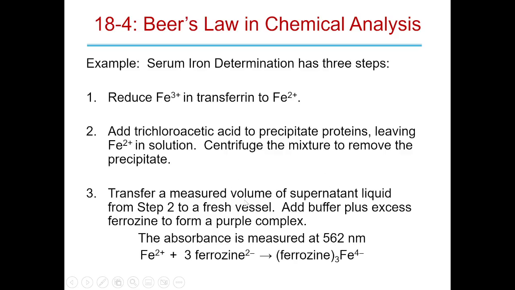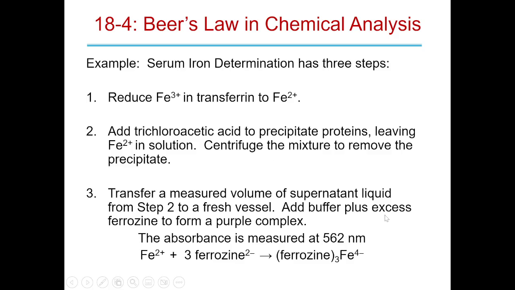The next step is you would transfer a measured volume of supernatant liquid from your centrifuged mixture. You do the centrifuge to get your precipitate all at the bottom, so it'll stick nicely. Literally, so you can transfer that supernatant liquid out, right? So you transfer that to another vessel, a fresh vessel.